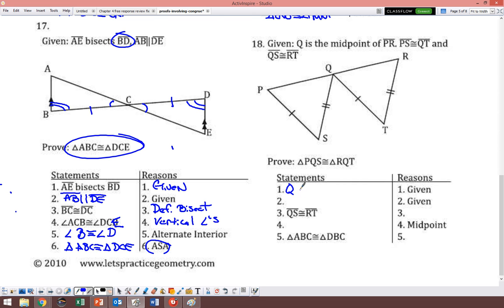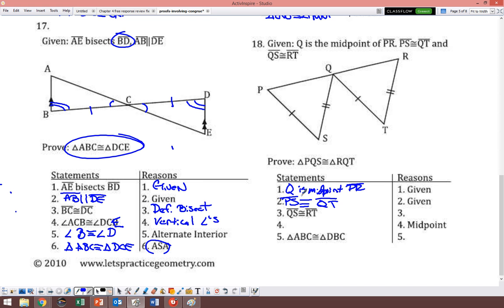Q is midpoint of PR. Okay. 2. PS is congruent to QT. Is that marked? PS, QT, that is marked.